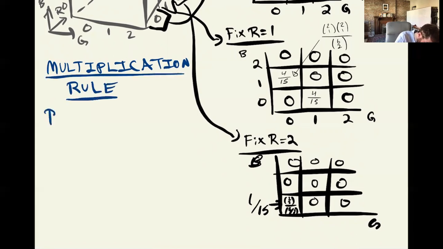Which says that if I ever want to know the probability of, let's say, X equaling little x and capital Y equaling little y, then I could also use this conditional: the probability of X equaling little x, assuming Y equals little y, multiplied by the probability of Y equaling little y.